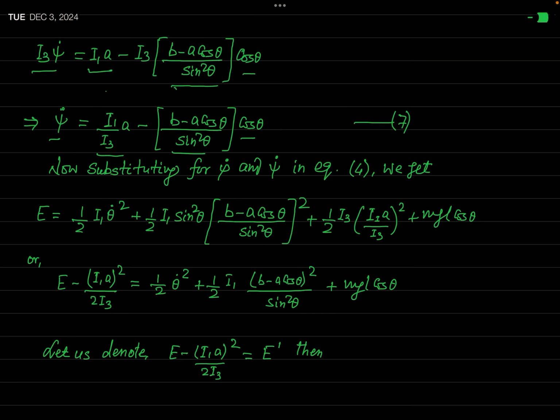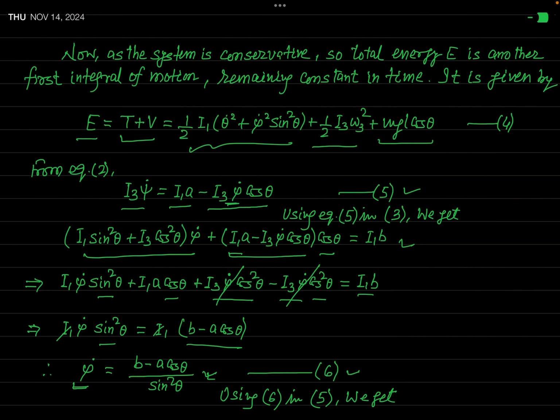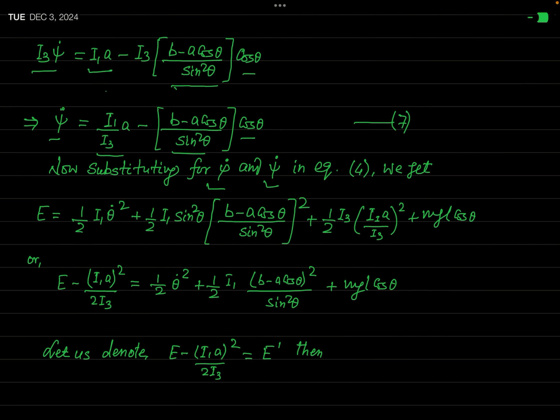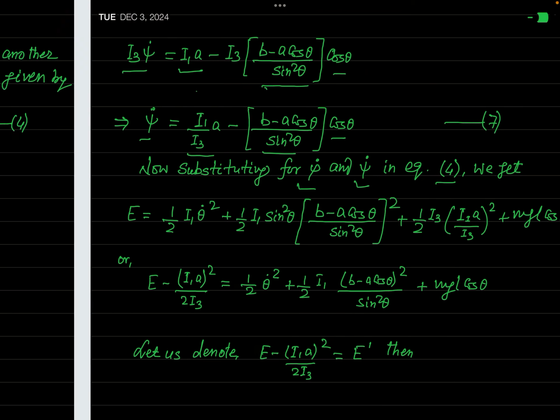Now the values of phi dot and psi dot, which we have obtained in equations 7 and 6, will now be used in equation 4, that is the equation for energy.